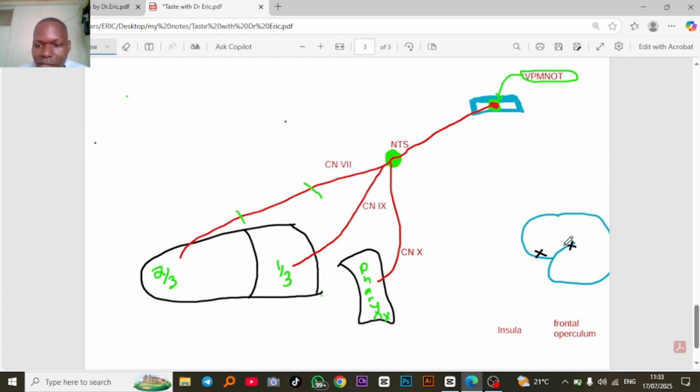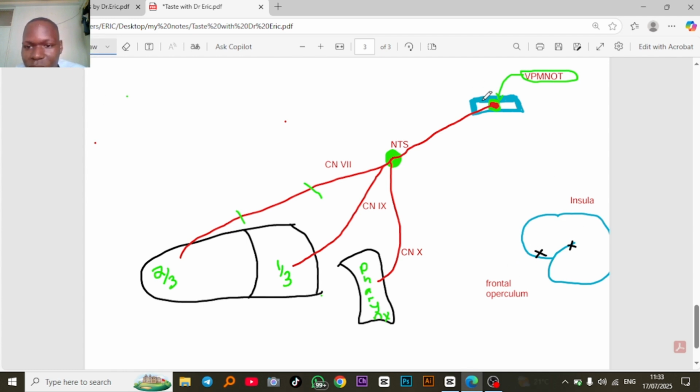We can see the lateral sulcus here, it's that region. Within this sulcus, we have a region called the insula. And then within the frontal lobe, in the inferior portions, we have what we call the frontal operculum.